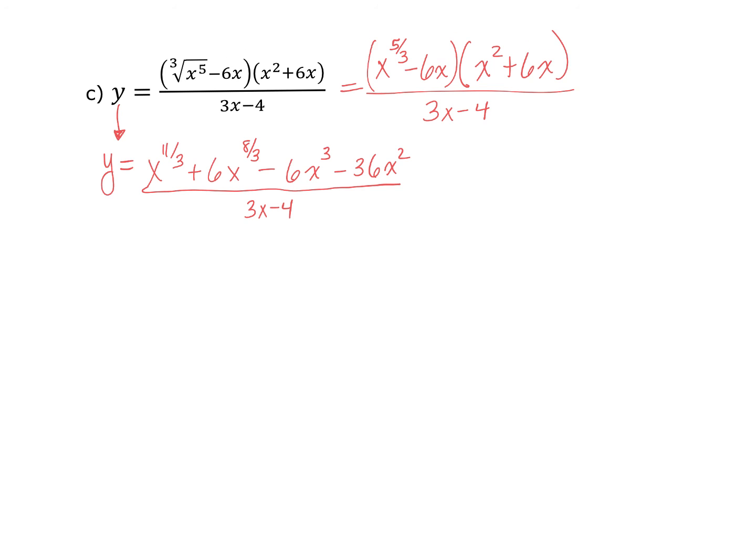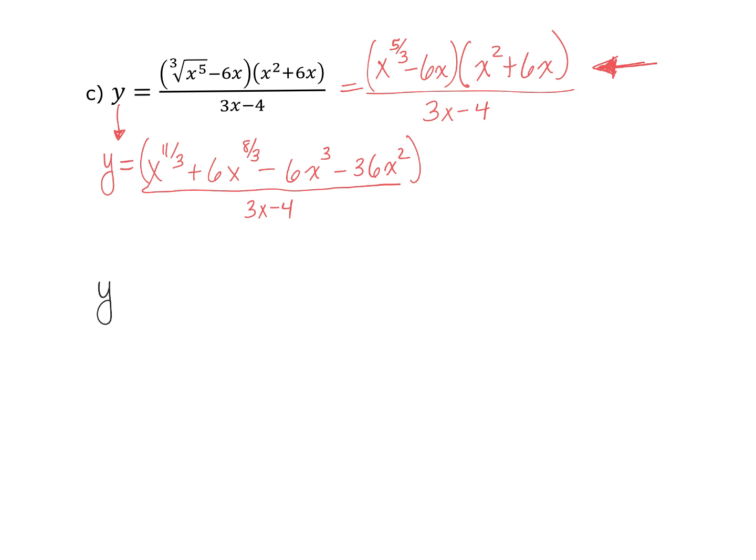If we take the derivative, it'll be the bottom times the derivative of the top minus the top times the derivative of the bottom all over the bottom squared. But in this particular case, multiplying out this numerator makes our lives a little bit easier.